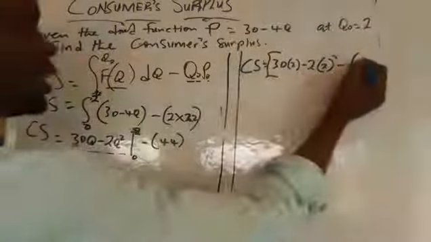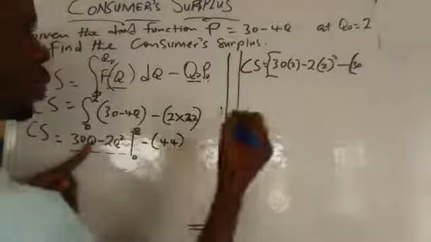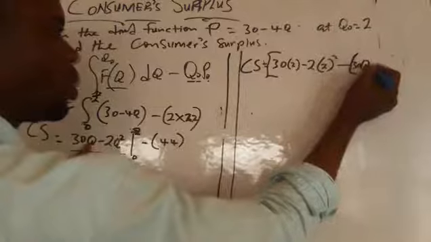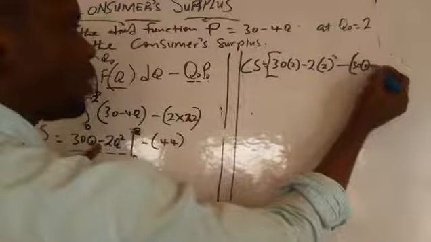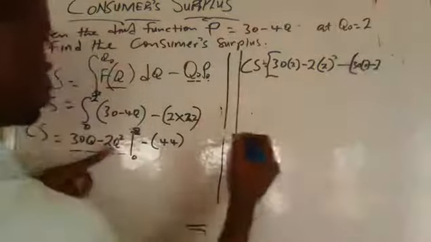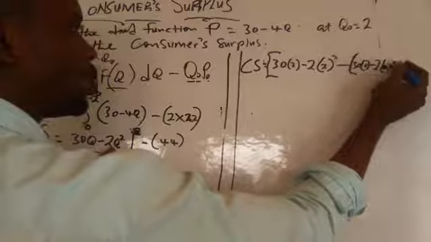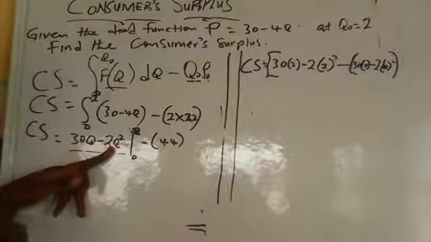Then I'll write again 30, my q. What is my q now? My q is now 0. Minus 2q, 0 again, raised to power 2. I close it. Do you understand?